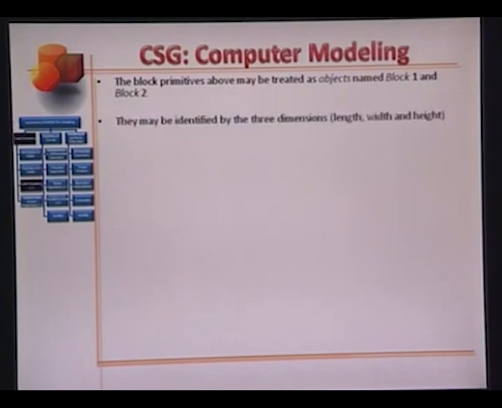They may be identified respectively by 3 dimensions: the length, the width, and the height of the blocks. The copies of the initial standard sizes can be at the global origin.